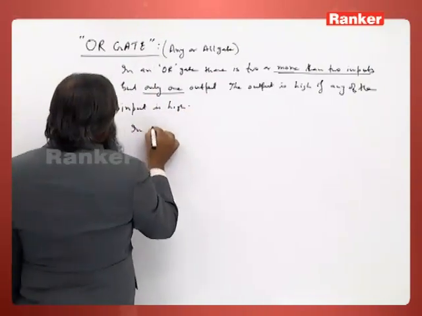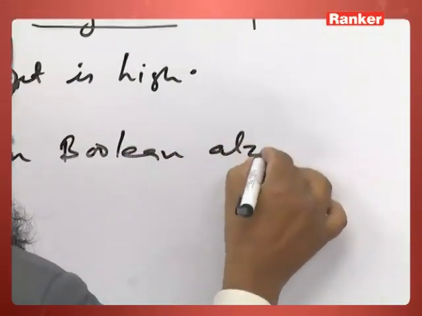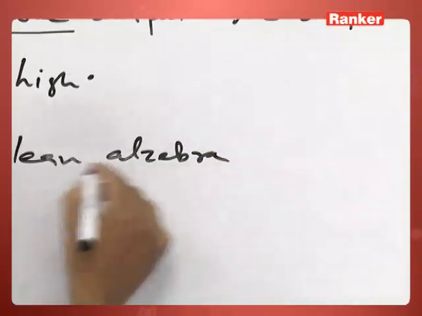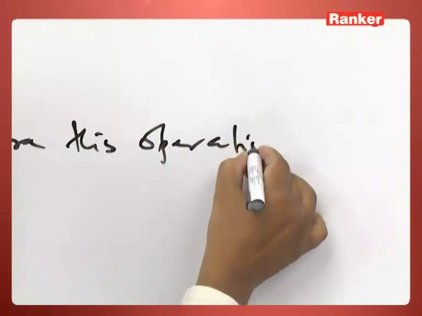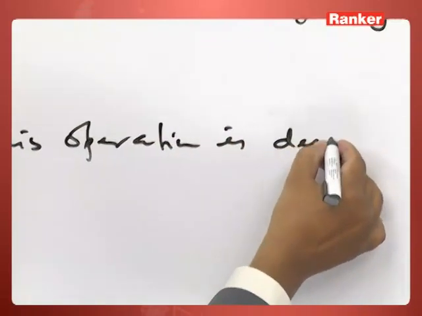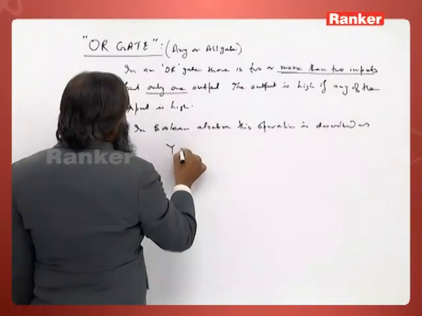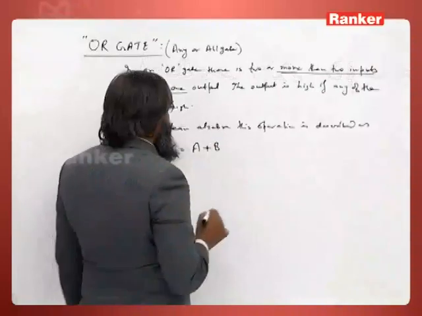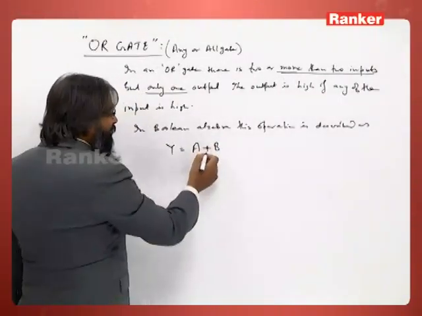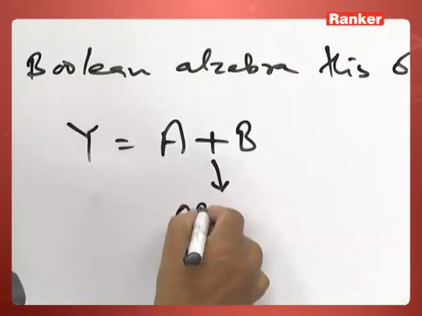In Boolean algebra, this operation is described as Y equals A plus B. This plus is not just addition, it is an OR operation.